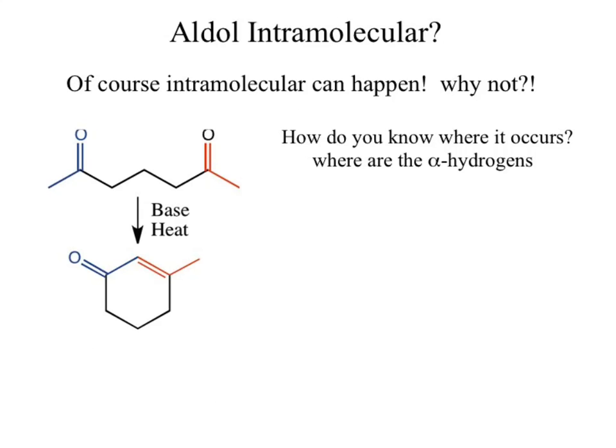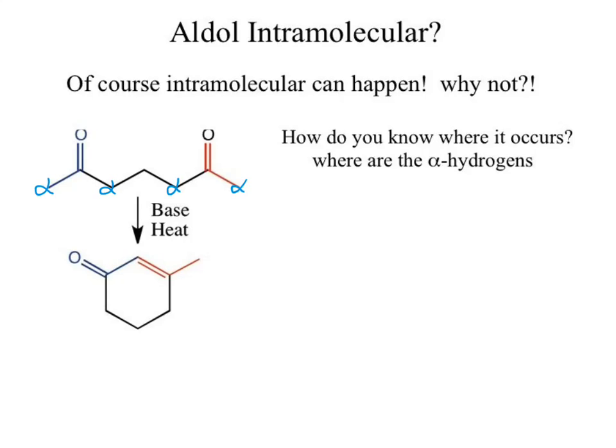Can we do it intramolecularly? Yeah, of course we can. Why not? So if we take a look at this starting material, as with all aldol reactions, what we're looking at is our alpha positions. We've got a lot of alpha hydrogens that could potentially generate our nucleophile.